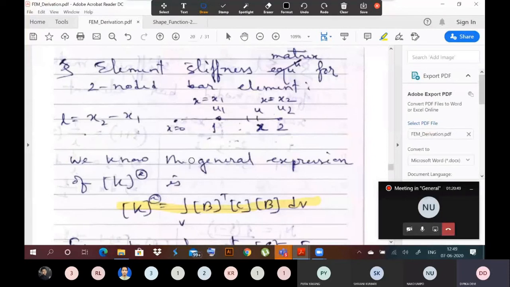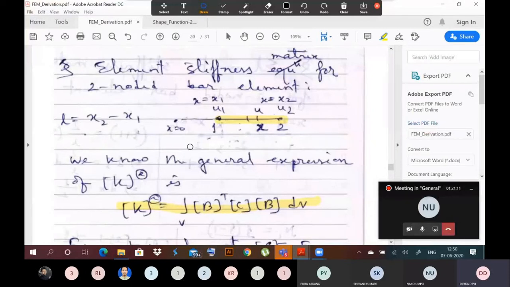Now, what is the B matrix for a bar? Before that, what is the C matrix for a bar element? For a bar element, it has only forces acting along the x direction. So it has only one component of stress, one component of strain, and one component of displacement. So when you relate stress with strain, there must be only one entry in the C matrix, because sigma is equal to C into epsilon.